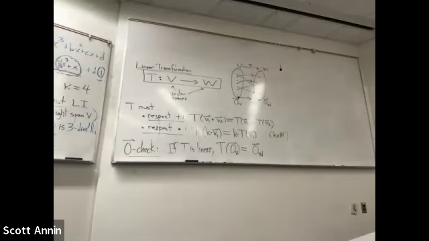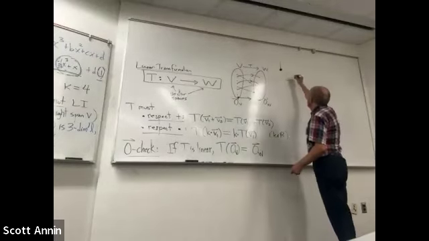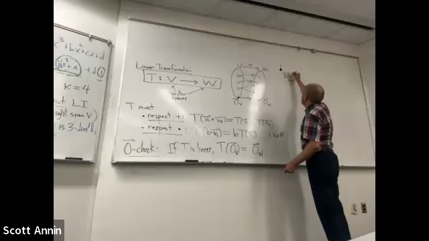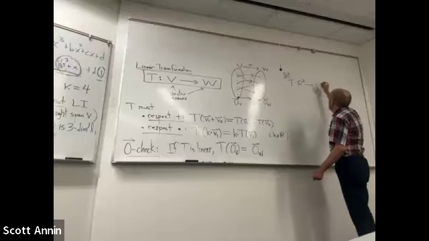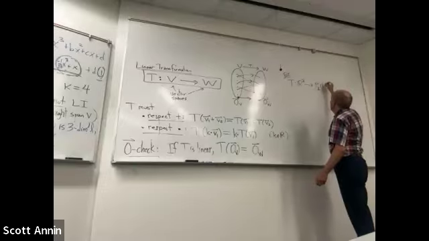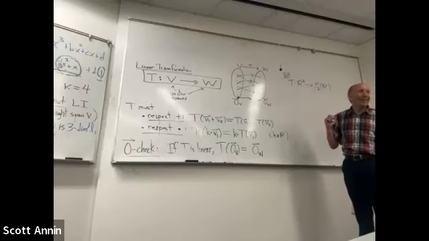So what would be an example of that? Well, just as a quick example, suppose that T goes from R2 over to P2 of R. I'm making this up off the top of my head.